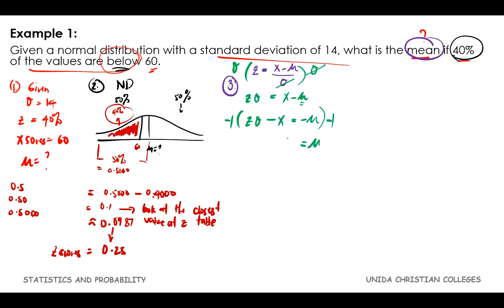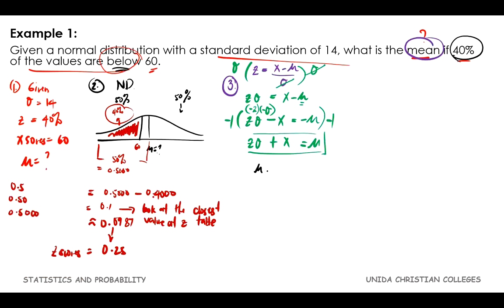Mean is equal to x plus, ito class, magiging z times standard deviation na lang po yan. Kasi si z, magne-negative, si standard deviation, so, negative times negative, positive. Kaya positive z times standard deviation. So, this is our formula. Okay, let's proceed.